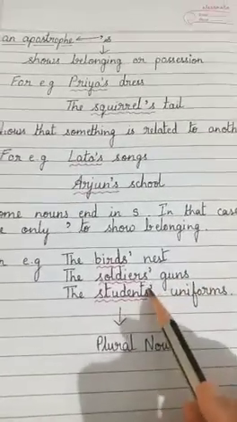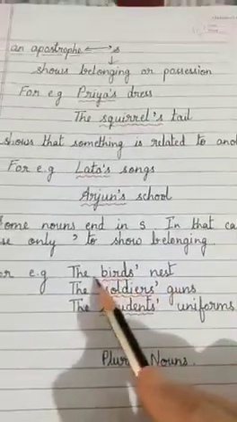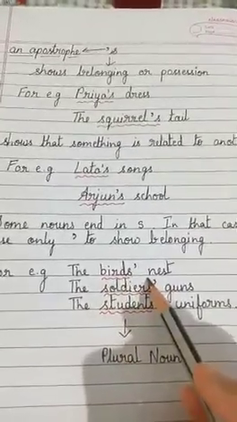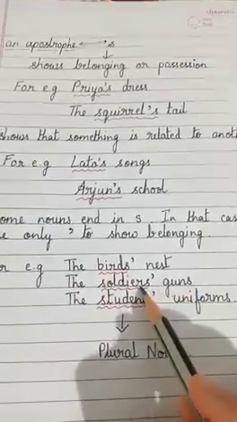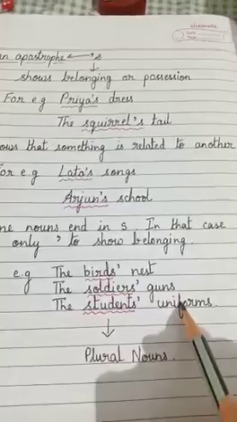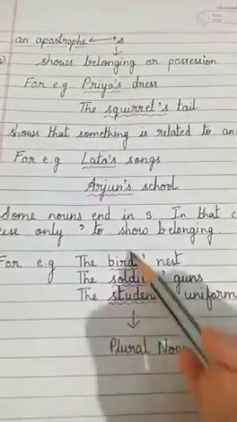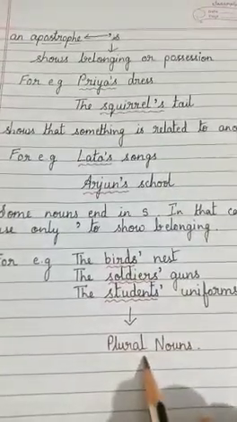Just put apostrophe. So this means what? The nest in which the birds live. Guns belonging to the soldiers. Uniforms which are worn by the students. Okay, so all these are plural nouns.